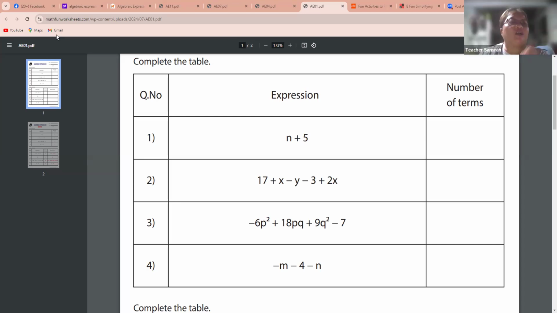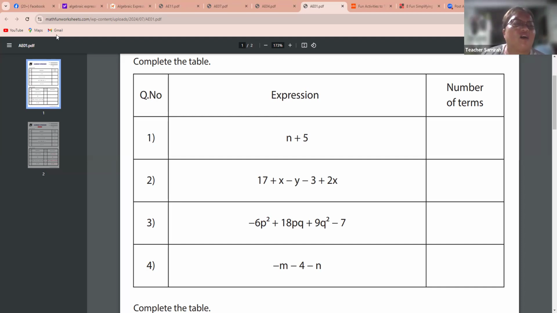Okay. According to Inda, Honey, Shitya, and Mark, the number of terms for question number 1 is 1, while Tristan answered 2. So among those who answered, the correct answer is Tristan.